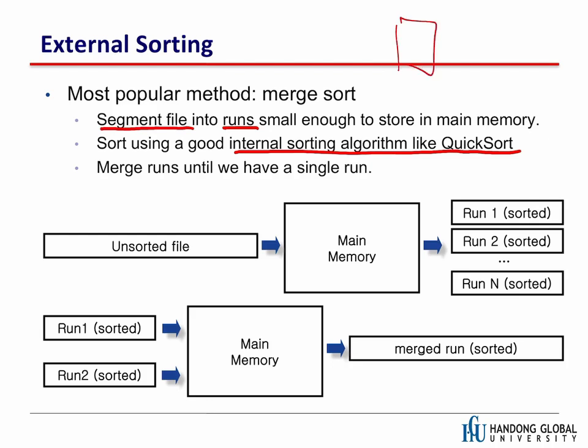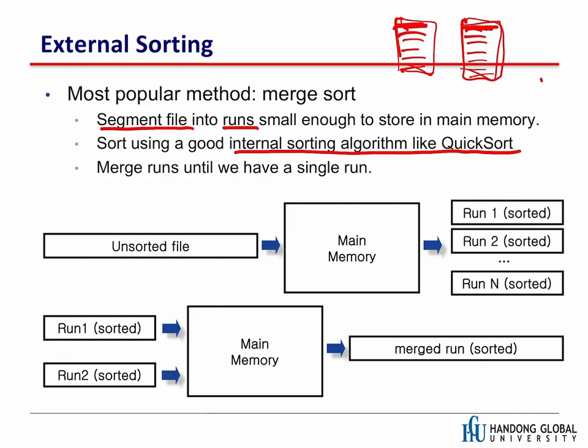Let me draw this. Let's say we have two files. As I said, this file is already sorted, and this one is already sorted too. So when we sort, we can use quick sort for this file and quick sort for this file. Now we have two sorted files, and we read the first lines and compare the keys.